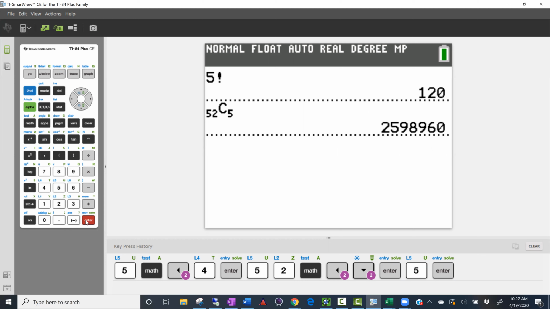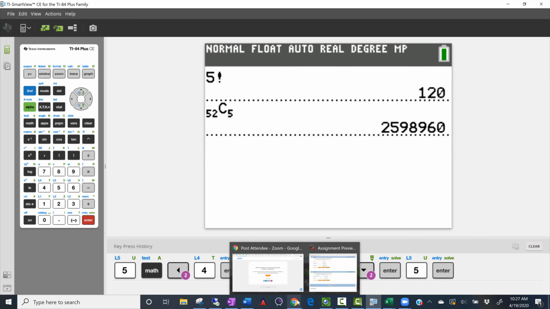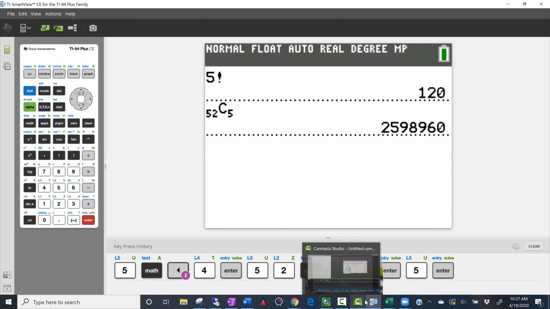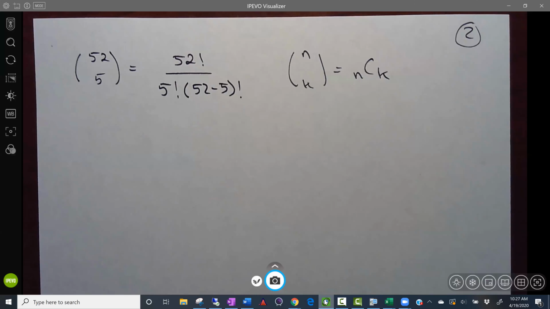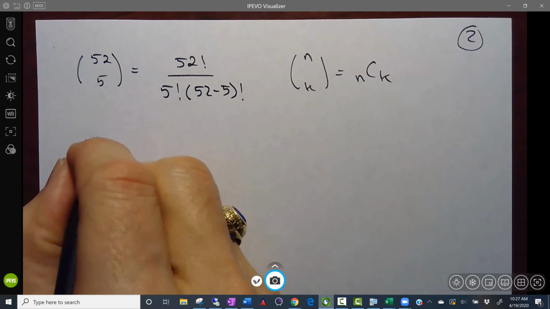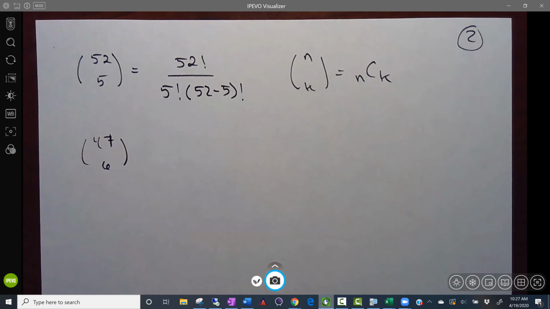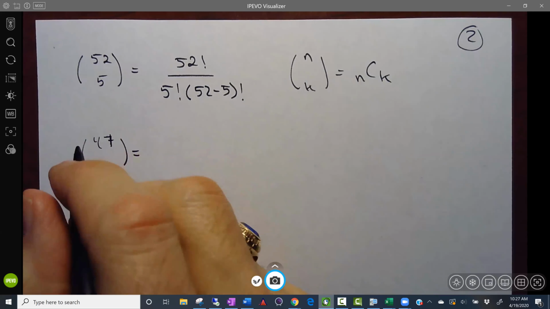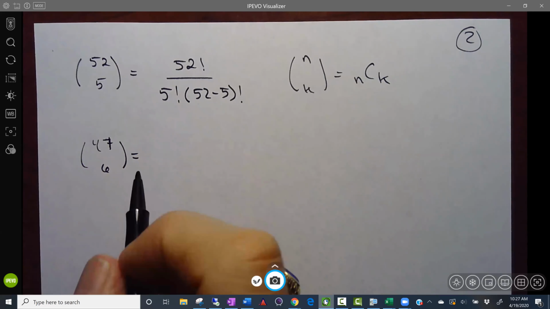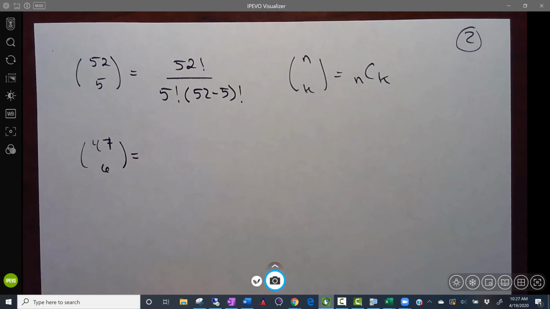Nice. Let's do one more like this to practice. The next one I'll look at is 47 choose 6. Now, I'm not much of a gambling man myself in terms of lottery and stuff, but with the state's lotto, there's 47 numbers.